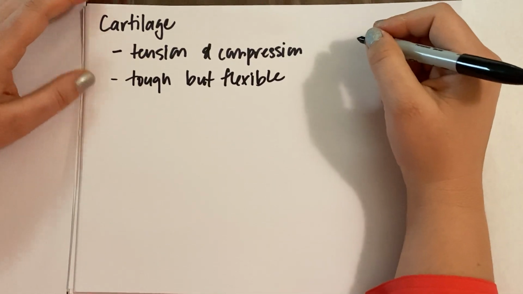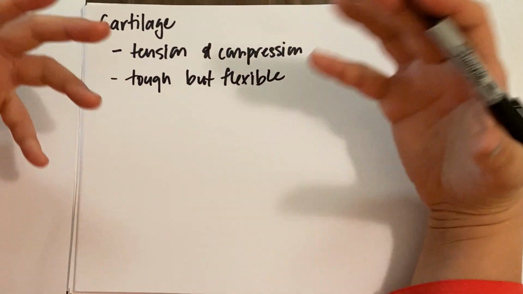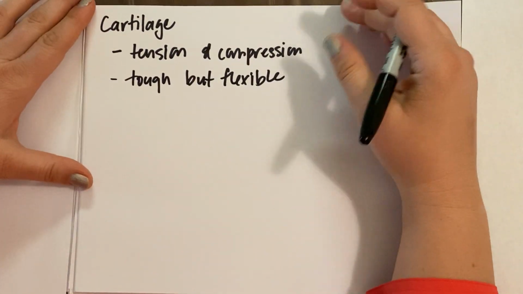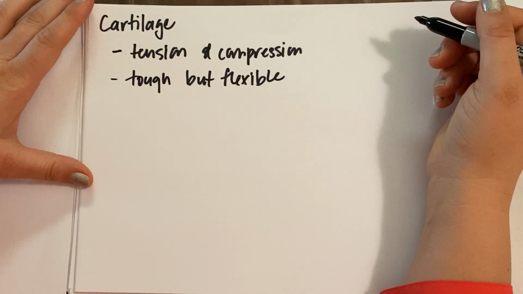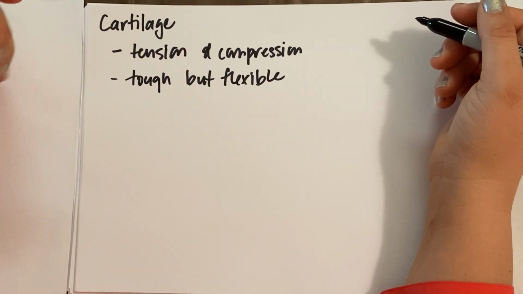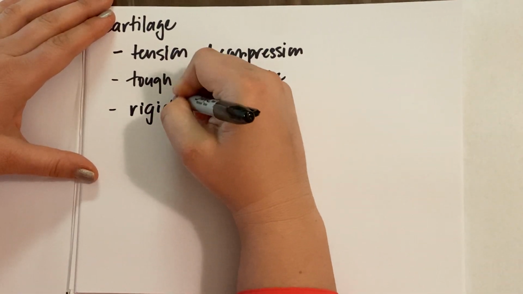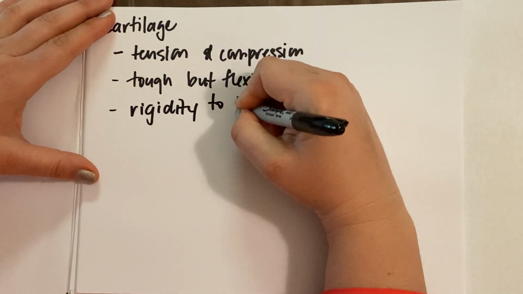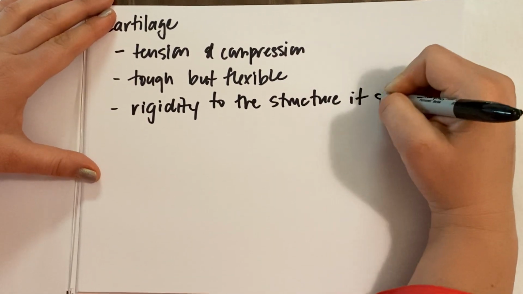We're going to talk about bones soon. Bones are also tough, but we don't think of them as being as flexible. So cartilage is in this more flexible group. What it does is provide resilient rigidity to the structure it supports. So it adds rigidity to the structure it supports.